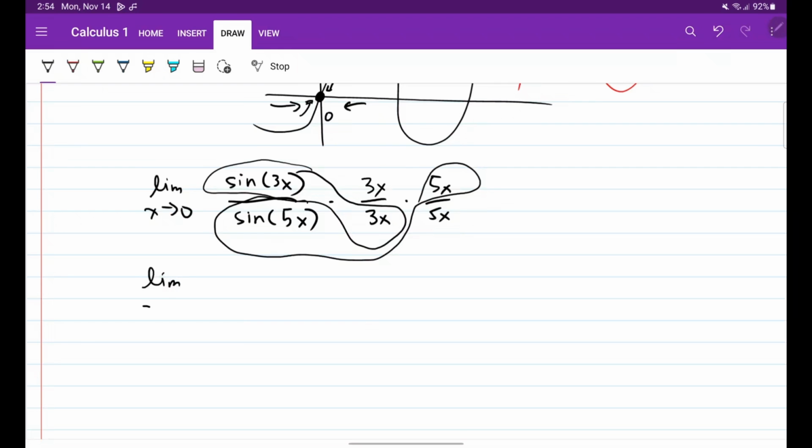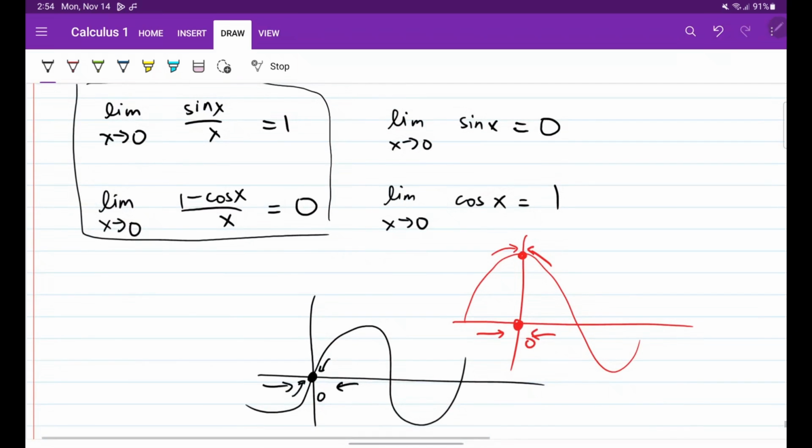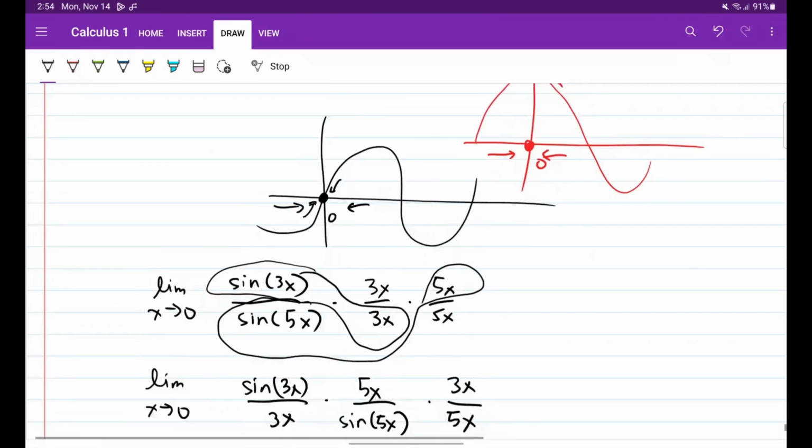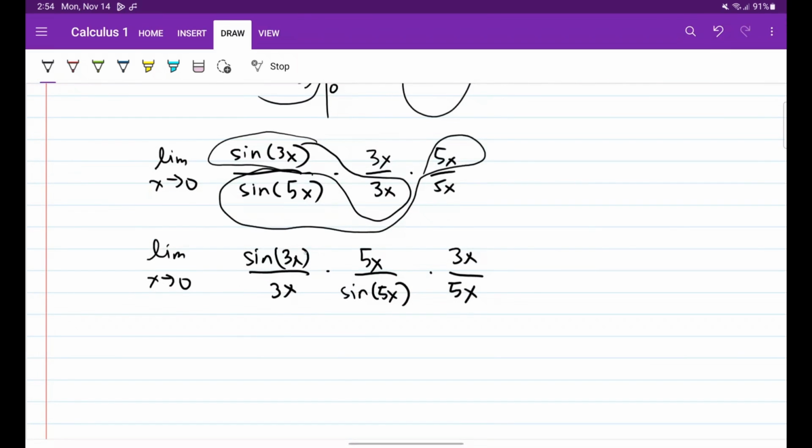So, limit as x approaches 0 ng sin 3x all over 3x times 5x over sin 5x times natitirang 3x over 5x. Okay? And sabi sa atin dito, we have the limit of sin x over x is equal to 1. Okay? So, yung limit na to, sin 3x over 3x is equal to 1.